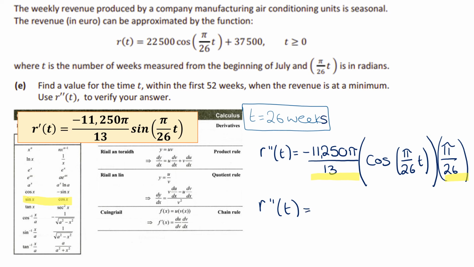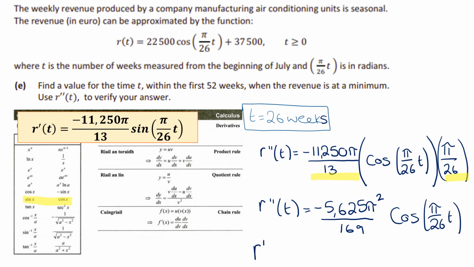So when we do this, we end up with minus 5,625 pi squared over 169 cos of pi over 26t.